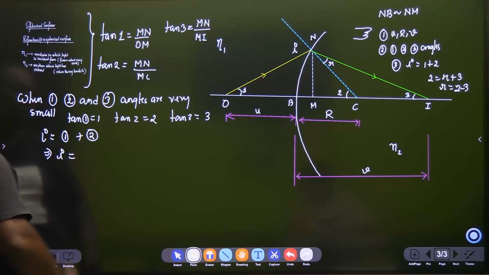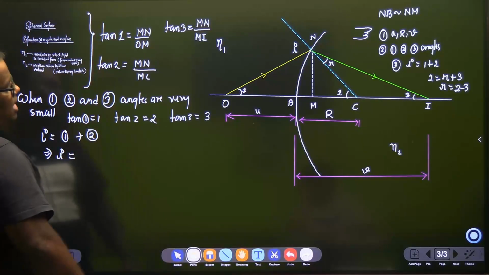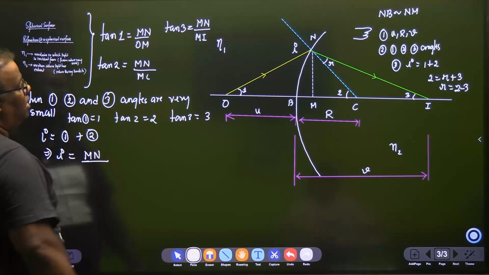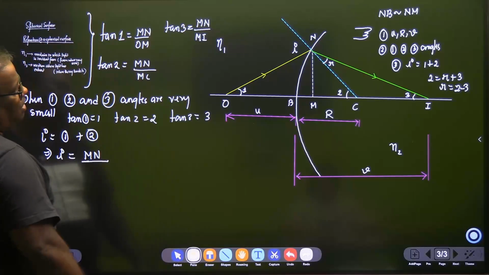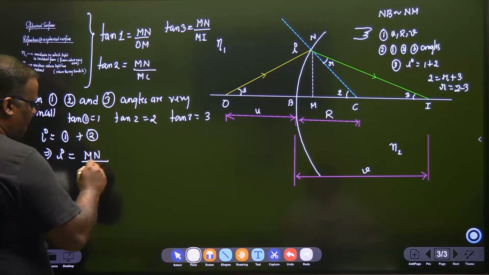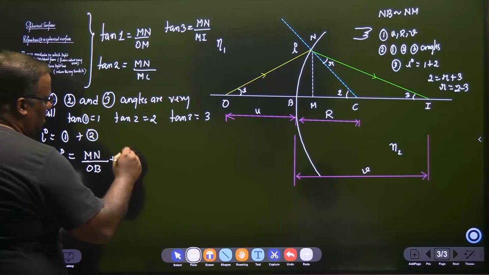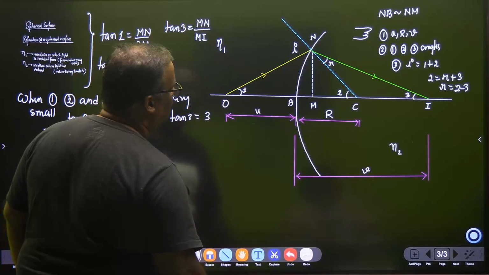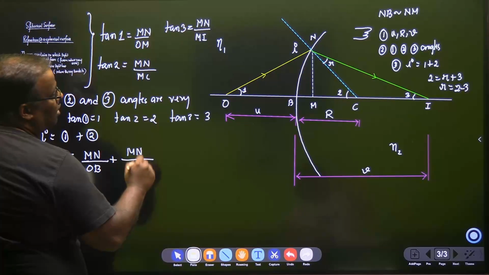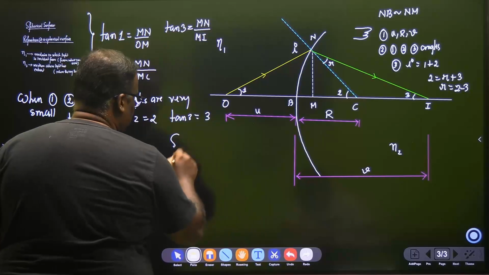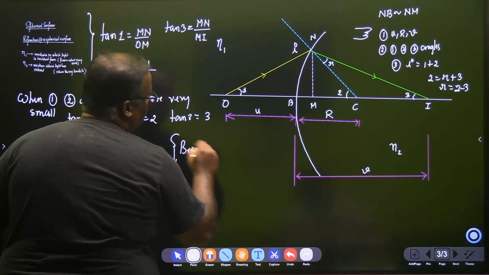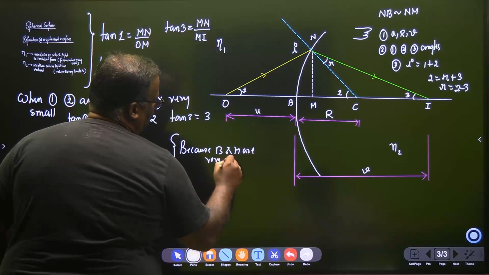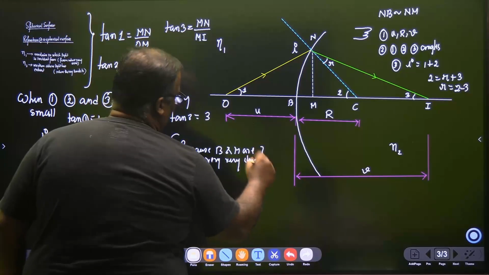What is 1? 1 is MN divided by OM. OM can be written as OB, plus MN by tan 2, that is MC, which can be written as BC, right? Because B and M are very, very close.